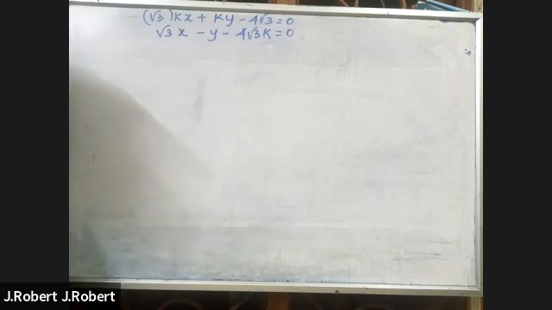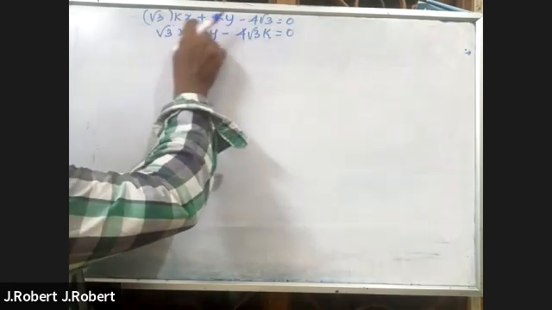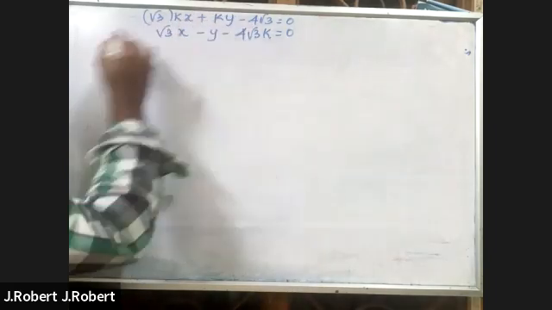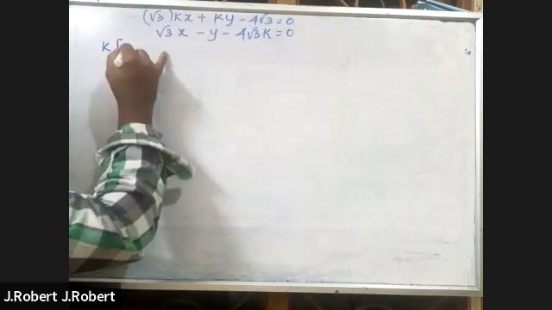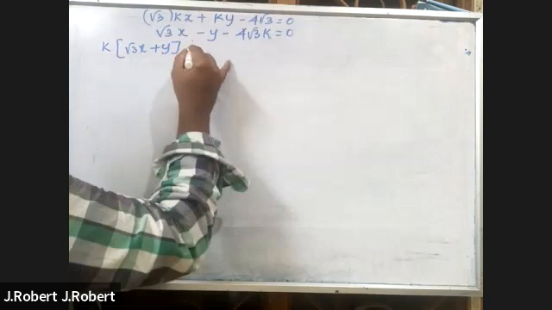First of all, we have to find out which type of conic it is. It belongs to a parabola, ellipse, or hyperbola. Now, in the first equation, I am separating k, because k is common. We get k times root 3x plus y equals 4 root 3.